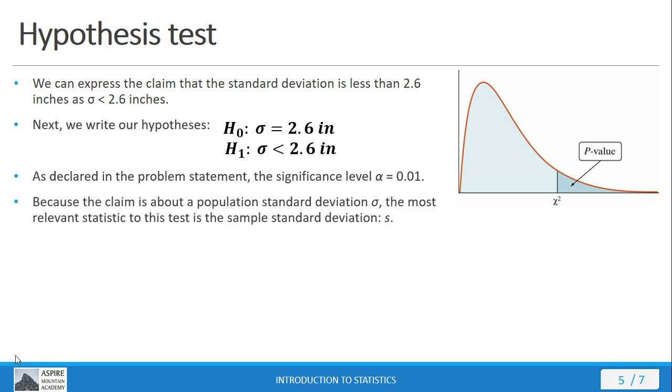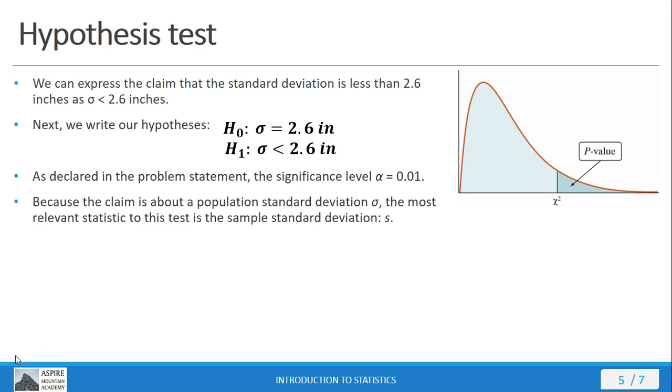And the most relevant statistic for testing a population standard deviation is going to be the sample standard deviation. Now, this might surprise you because the standard deviation is a biased estimator. It doesn't target the population standard deviation. So why would it be the most relevant statistic? Well, if you'll recall the method that we used for confidence intervals of standard deviation, the route we took was through the variance.